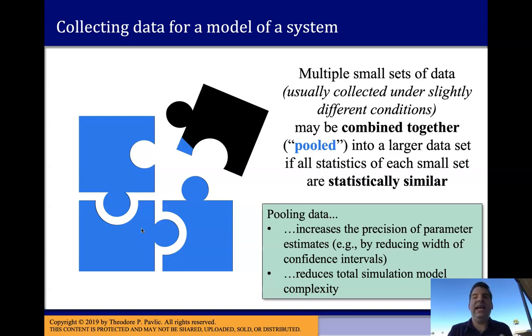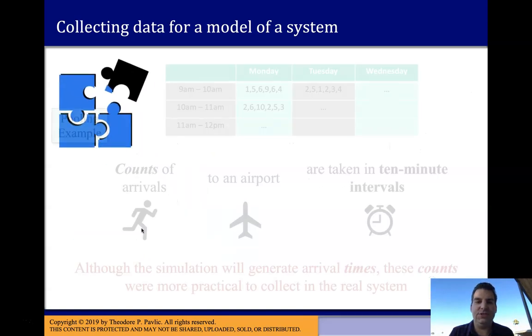When can I take a small set of data and group it into other small sets of data to increase the amount of data I have, which will make for a better fitting model? But I don't want to pool too many things together because even though I might get more precision in my estimates, the accuracy will decrease. So how do I maintain a high level of accuracy while also increasing precision? That's the real question here.